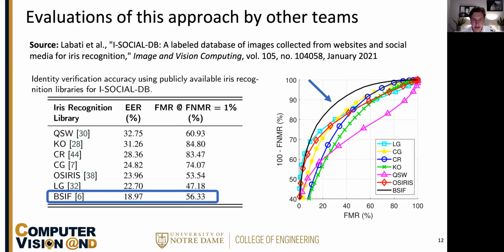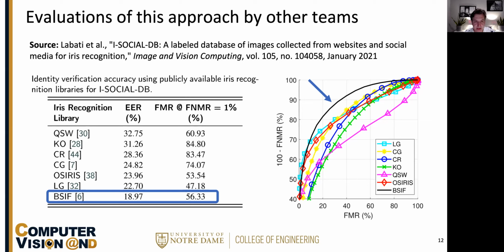I was pretty happy to see that this method, used by other teams, proved to be the most accurate among all open source iris recognition methods, which is pretty encouraging. Here is the work by Labate et al., reporting the lowest equal error rate on a very challenging database of iris images taken from websites and social media, which is not a near infrared based database.